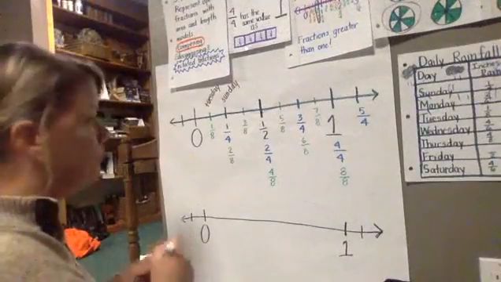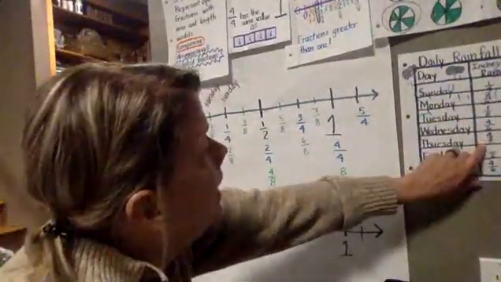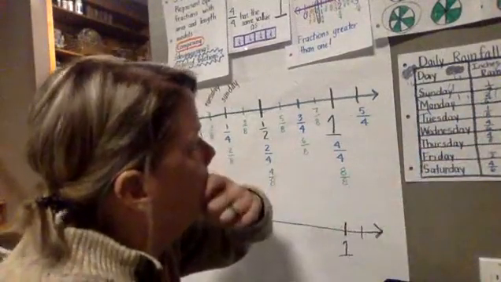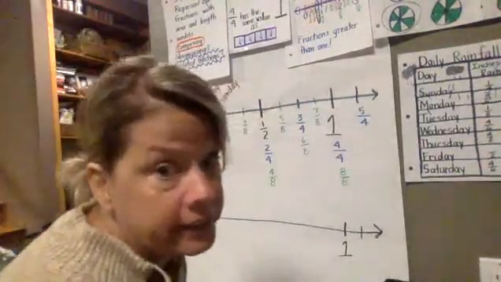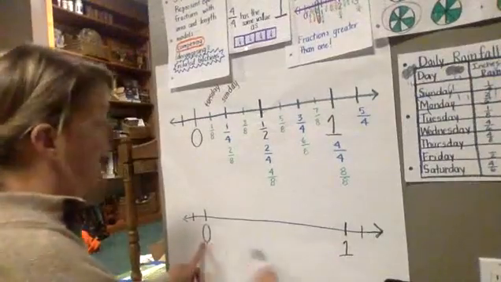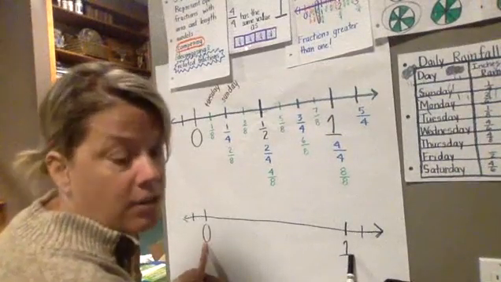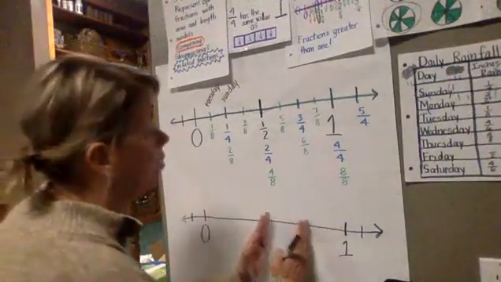Okay. So I'm looking at 2/6 and 4/6. My question is, which day had less rain? We're talking about less. So I know if I have one whole to partition into thirds, I have to partition into 3 equal areas.